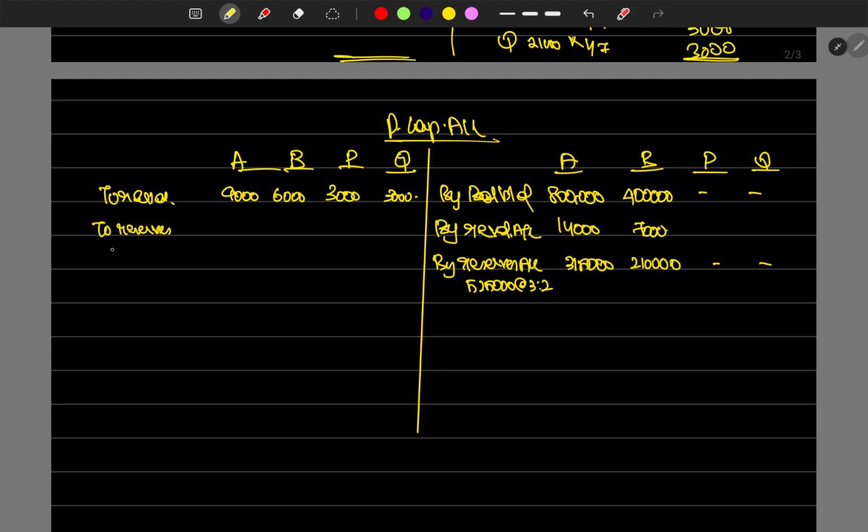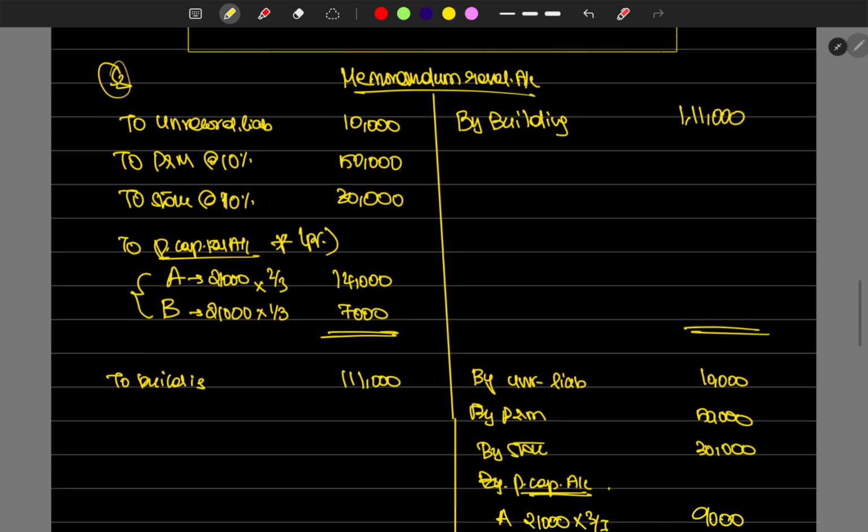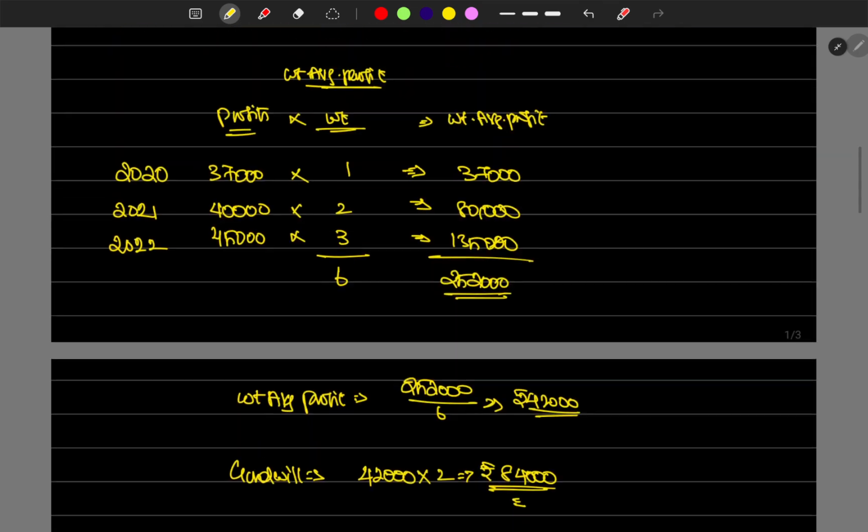To reserves, which is 5,25,000 at 3:2:1:1. 3 by 7, which is 2,25,000, 1,50,000, which is 75,000. Then 75,000. Right. Reserves transferred. Revaluation also transferred. Then what else?